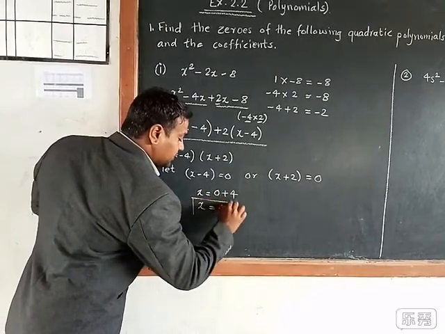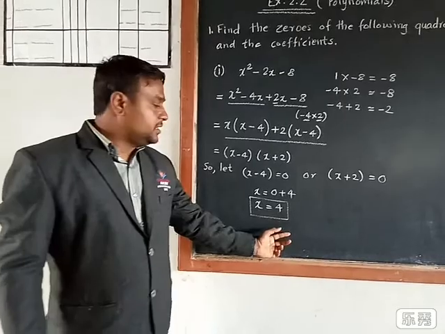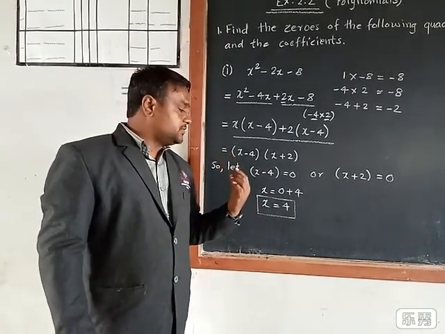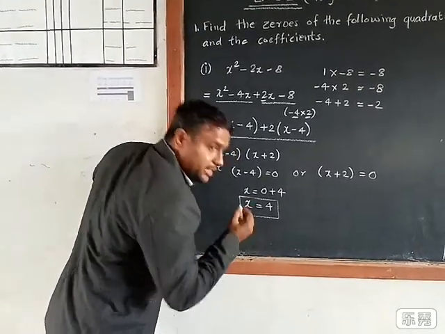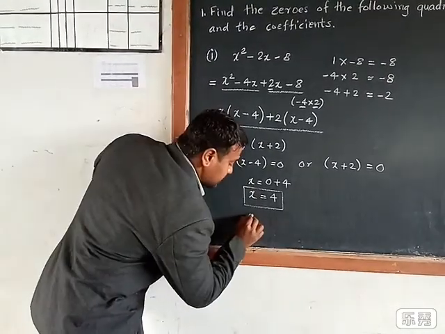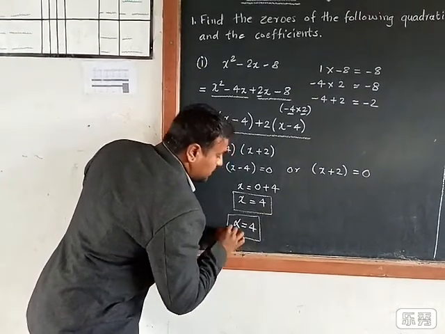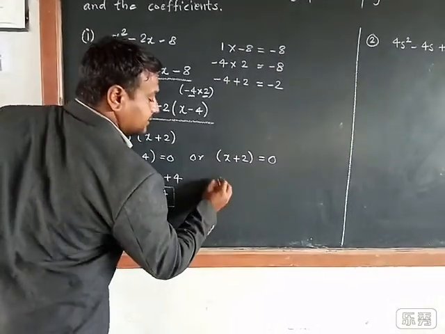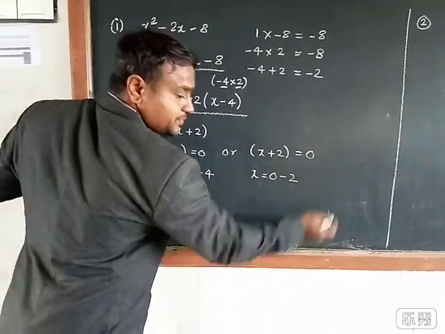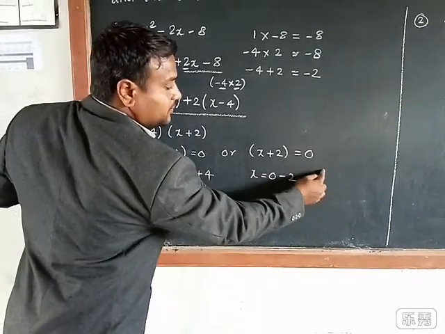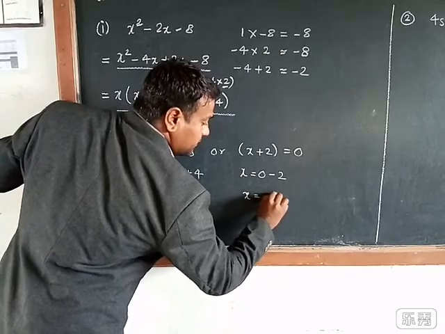So we got our first zero, x is equal to 4, and as we learned in the last video, we call it alpha. So our first zero, alpha, is equal to 4. Again on this side, x plus 2 is equal to 0, and when we transport the 2 it becomes minus 2. So x is equal to minus 2.